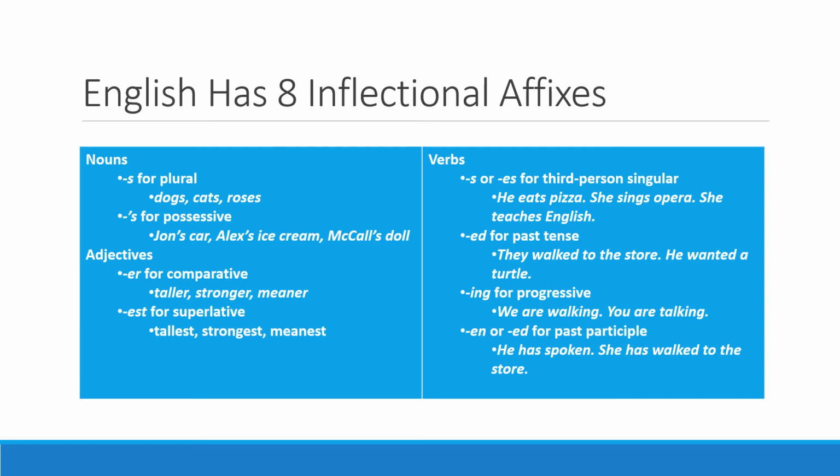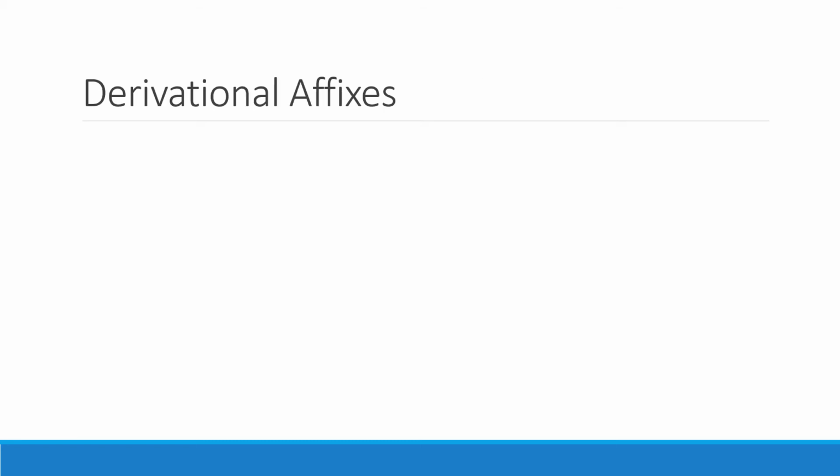There's S, Z, and uz here, but they're all the same morpheme. There's ED for past tense. They walked to the store, he wanted a turtle. ING for progressive. We are walking, we are talking. EN or ED for past participle. She has spoken, she has walked to the store. So it keeps the meaning of those words and just adds a different kind of functionality to them.